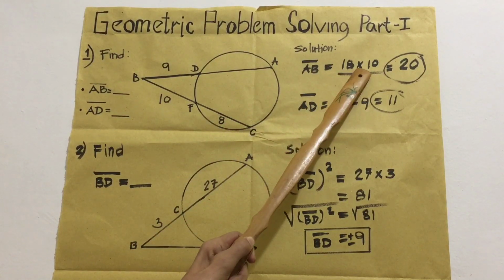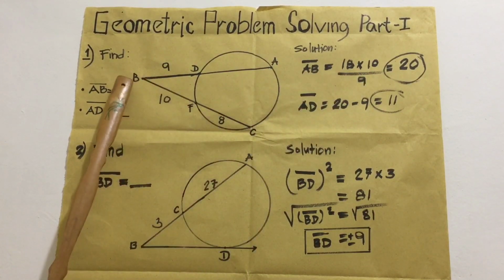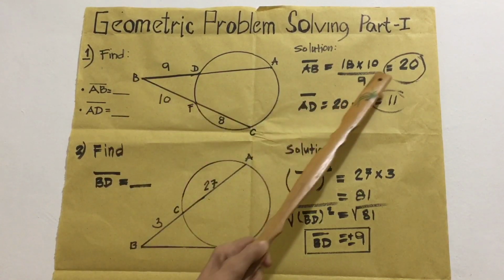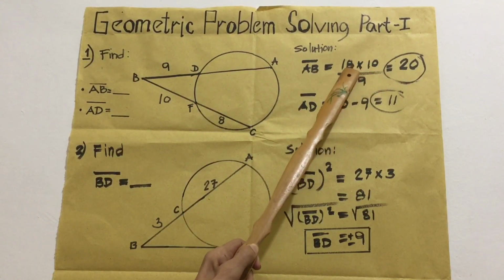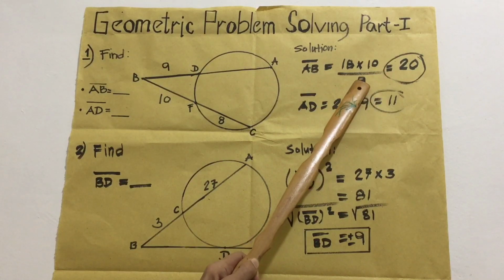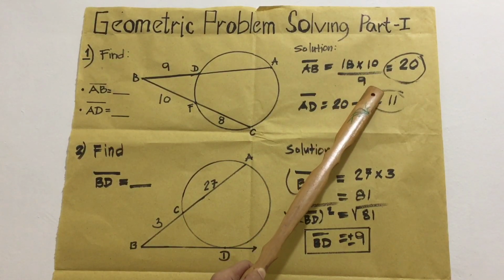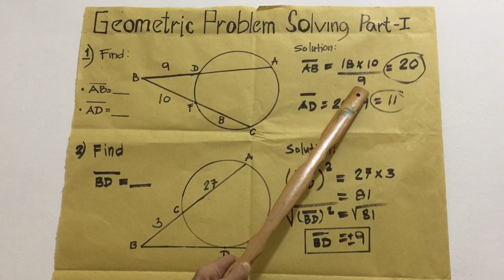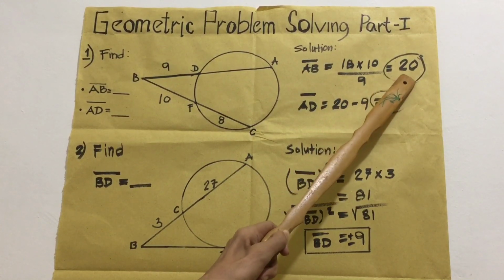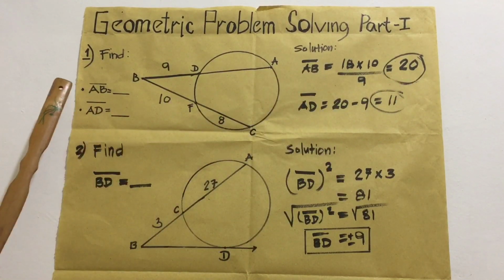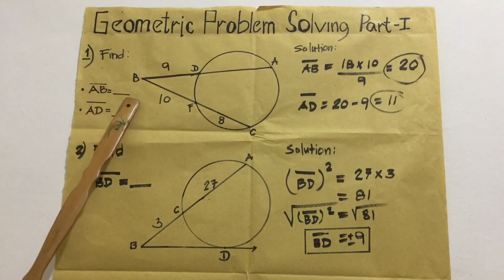Then we're going to multiply by the exterior segment, which is BF, given as 10. 18 times 10 equals 180, divided by 9 equals 20. So therefore our answer for segment AB is 20.